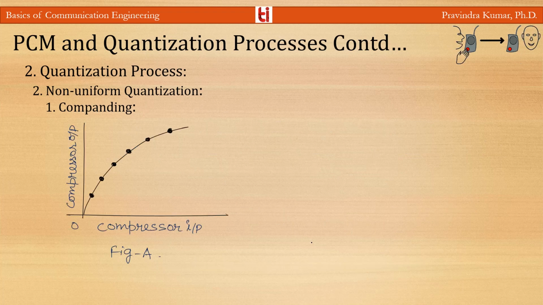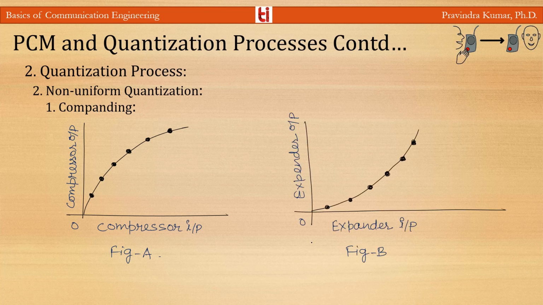This figure shows the compressor characteristic, and this second figure shows the expander characteristic. These characteristics have been shown only for the positive input, but we can draw them for the negative input signal using the same principle.